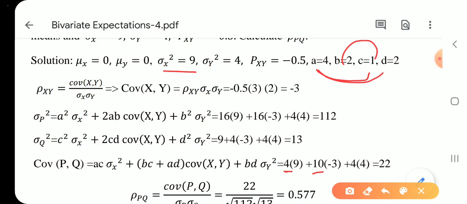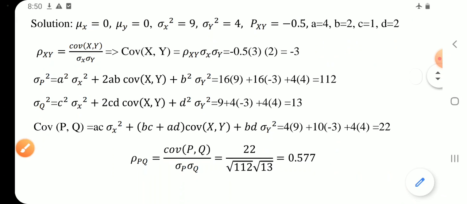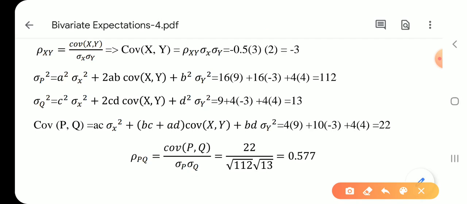So covariance of XY is minus 3 into BD. BD is 2 into 2, 4, and sigma y square is 4. So we have substituted all the values. When you simplify, you get the value as 22.